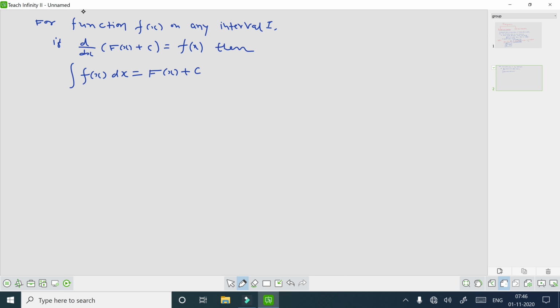This is the definition of the indefinite integral. Here we say that c is a constant of integration. Clear?